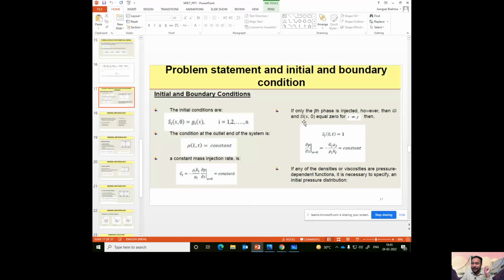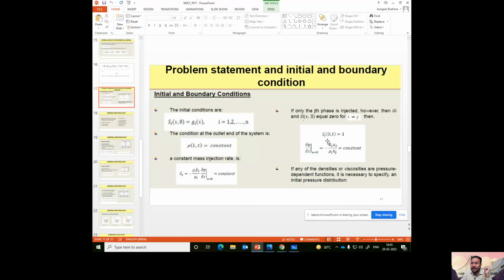Then Gi is the mass injection rate, and the saturation is equal to 0 if phase 1 and phase 2 are not equal. If there are two different phases, for example oil and gas, or water and gas, or water and oil, then we assume the saturation of J is equal to 1 because we have only injected J. Suppose I have injected water.